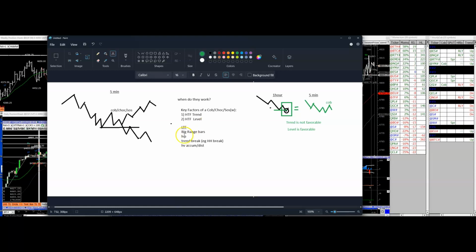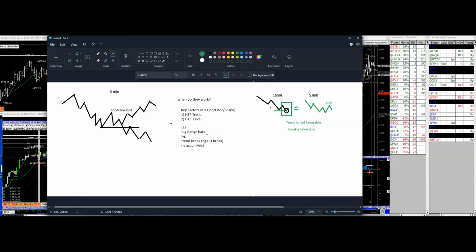All right, now we're going to go into the key factors that make the change of behavior work. Pay close attention. This is not on the internet because they don't even have a clue. So in the change of behavior, you must have big range bars.